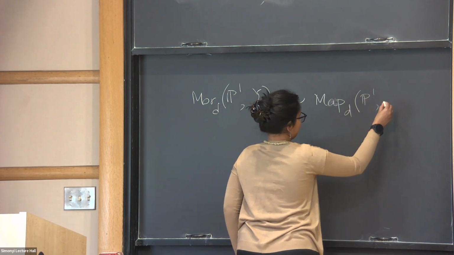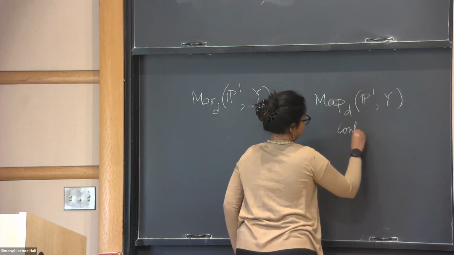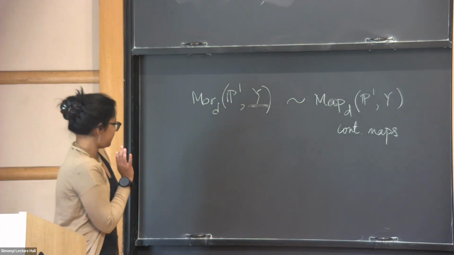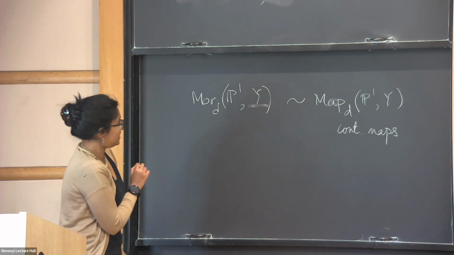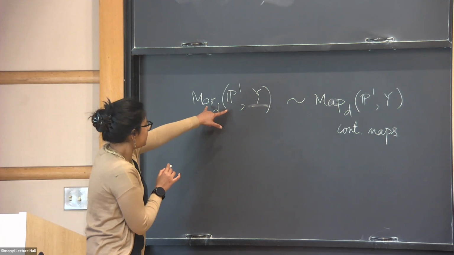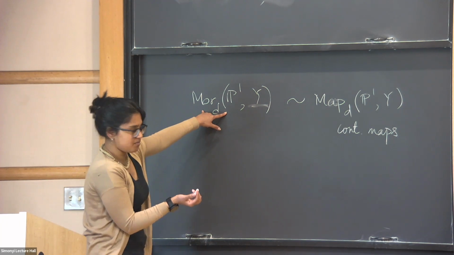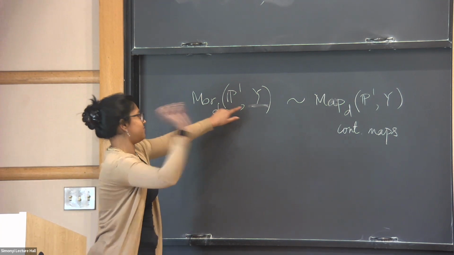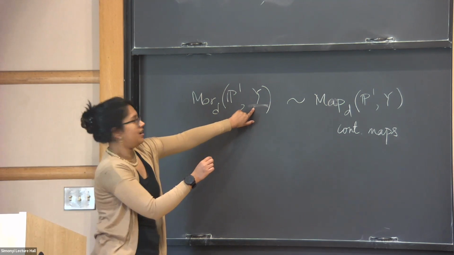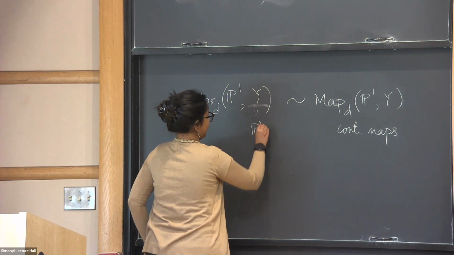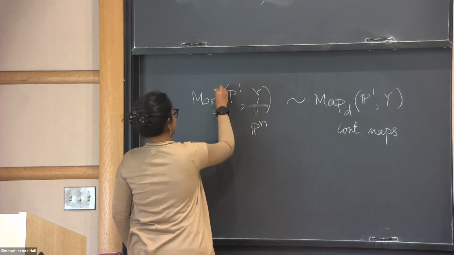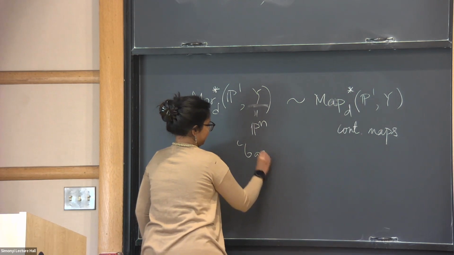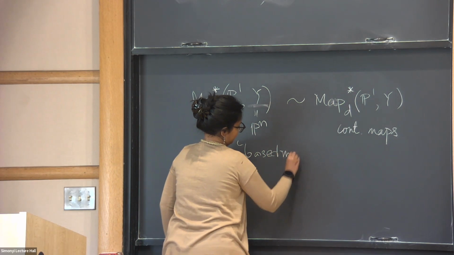So this is the two-sphere. What Segal actually did, there's a tiny condition I need to put in: you take not just this space, but the based maps. So suppose you pick a point on P1, let's say infinity, and infinity goes to some fixed point in Y. So in the case of Y equals Pn, the projective space, let me write star for based maps.